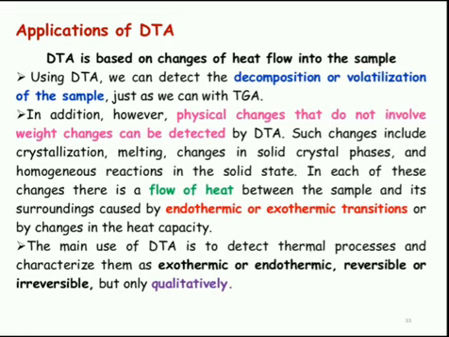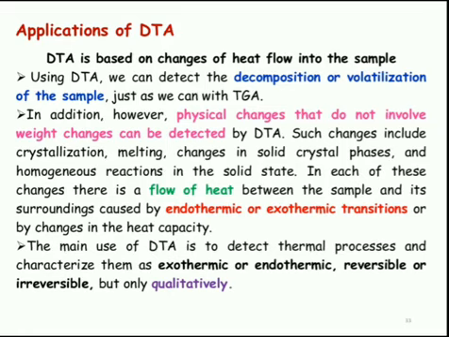The differential thermal analysis technique is also used for the quality control of a large number of substances like cement, glass, textiles, explosives, etc. This DTA technique is used to study the thermal stability of inorganic compounds and complexes.